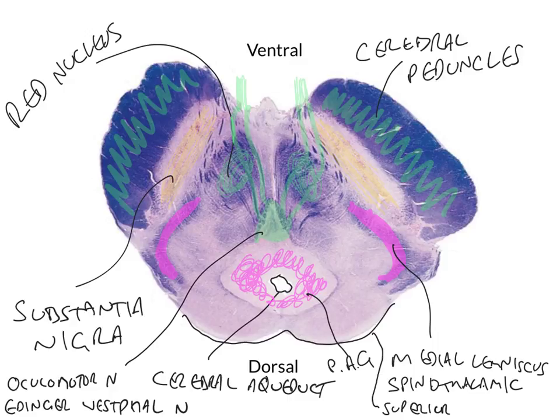What the superior colliculus is involved with is reflex actions related to the visual system. All right, so for example, if there was a flash of light somewhere, you might naturally either look towards it or look away from it involuntarily without thinking.